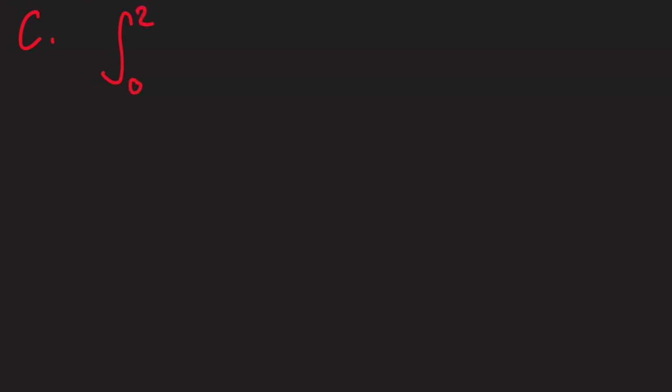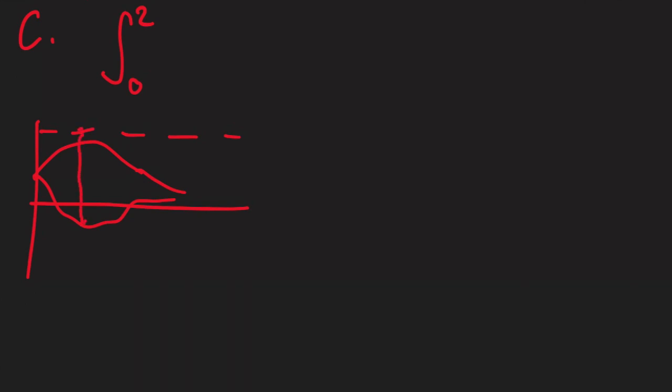Now, if you look at a graph, this is the line that we're rotating against. This is the top function. This is the bottom function, poorly drawn, obviously. If we're trying to find the volume that's created, we're going to find the distance from here all the way down minus the distance from here to here.